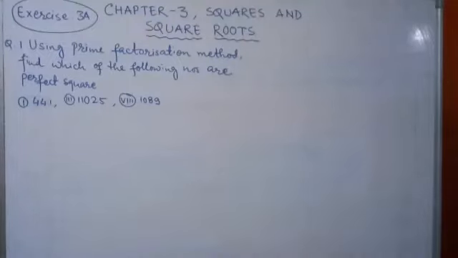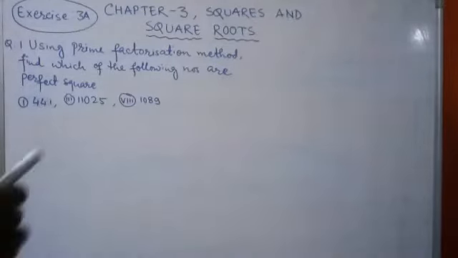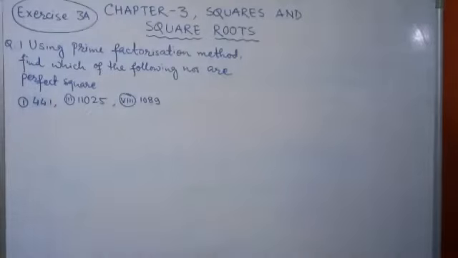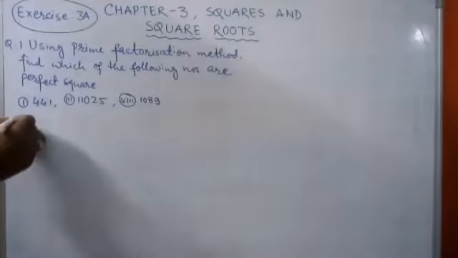Prime numbers are those numbers which have only 1 and the number itself as factors. That means they have only 2 factors. So here we take prime numbers to find out which of the given numbers are perfect squares.